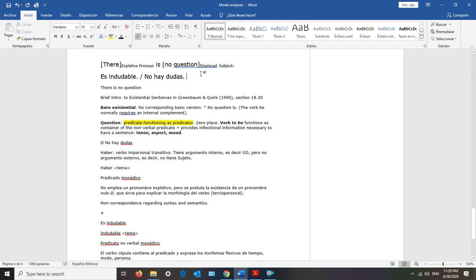This is the entity, no question, that is brought to the attention of the hearer. This is the entity whose existence is declared by this existential mechanism. But the moment this entity, which is the subject of the sentence, is displaced, is put post-verbally, then, considering the type of language English is, there must be an expletive pronoun, such as this one there, that fills in the preverbal canonical subject slot.